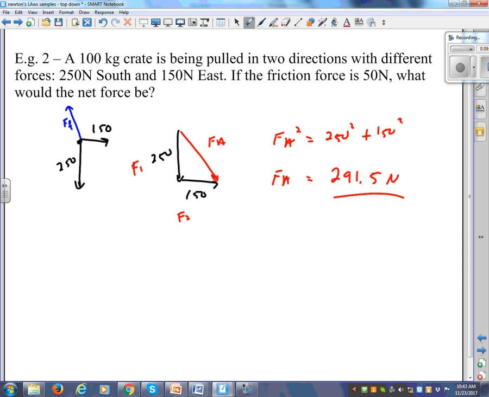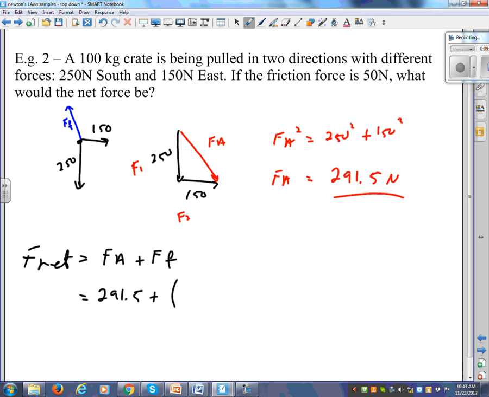But the net force is the applied force. I'm going to throw it over here. The net force is equal to the applied force plus the friction force. So my applied force is 291.5. But my friction force, is it automatically negative?